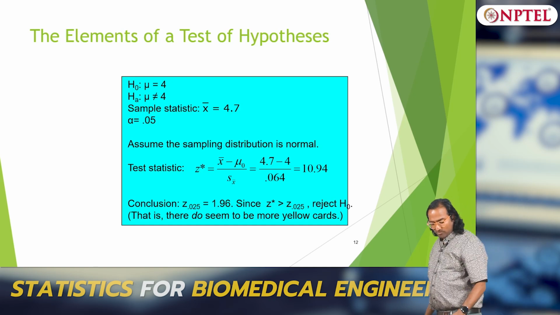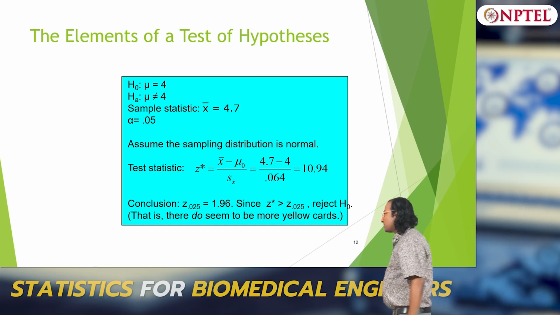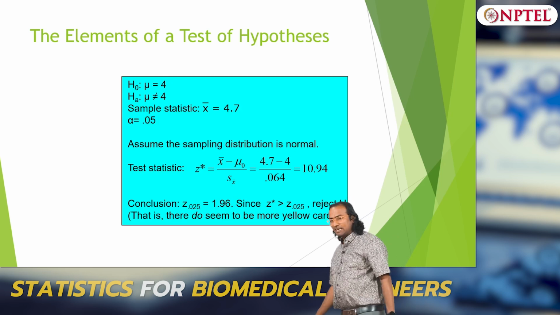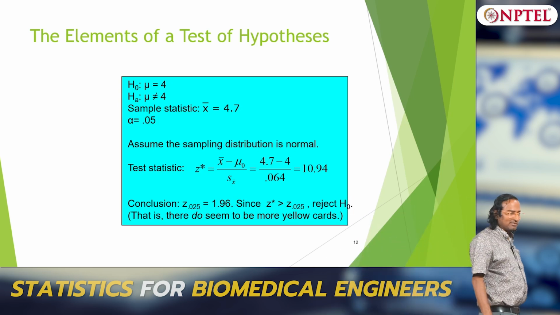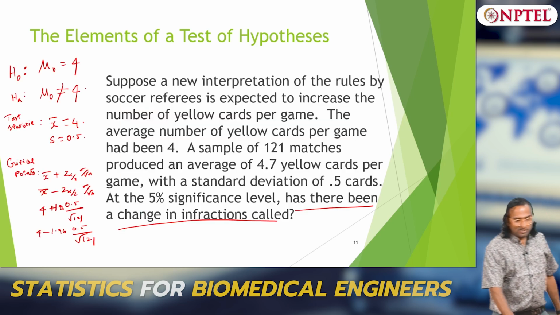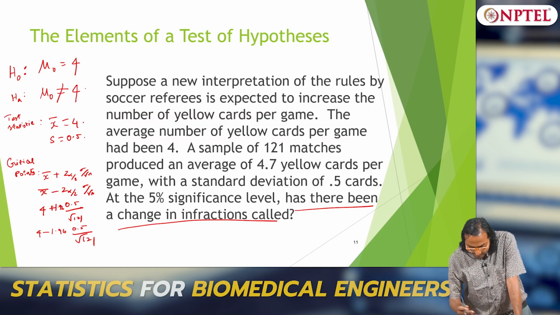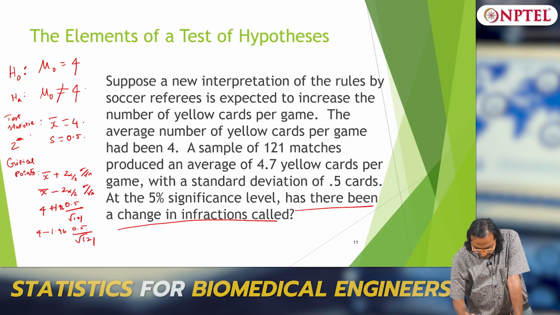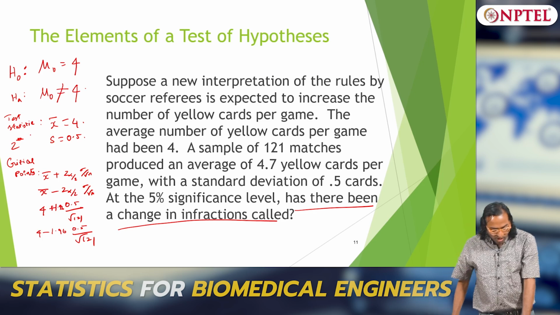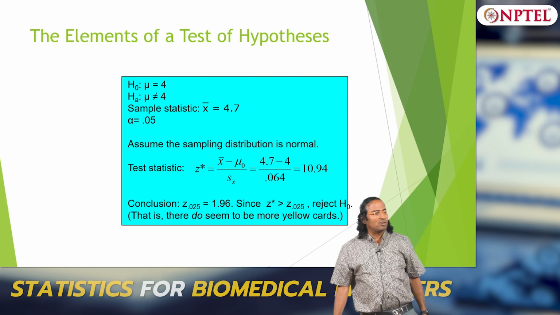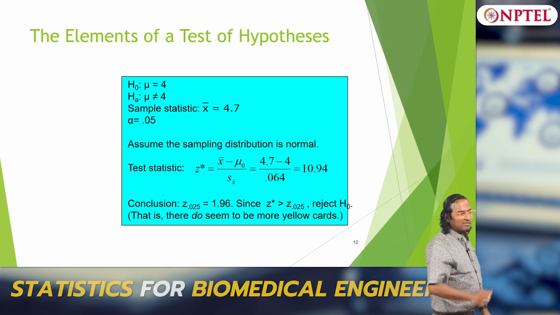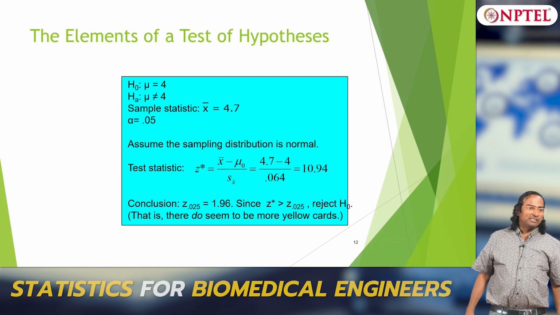So my test statistic is not X bar alone, my test statistic is normalized X bar, which is Z star, right. That is the catch. So you always compare against your standard normal distribution.